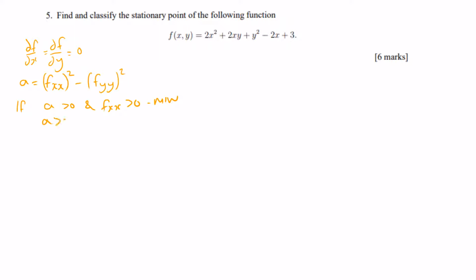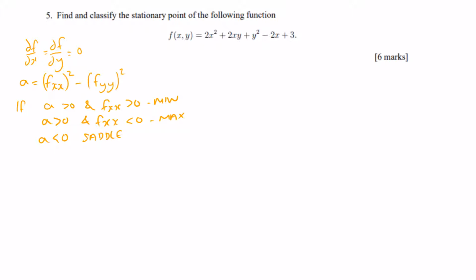If a is greater than 0 and fxx is less than 0, we have a maximum. And if a is less than 0, we have a saddle point. Those are our key facts, and this is for a three-dimensional function.